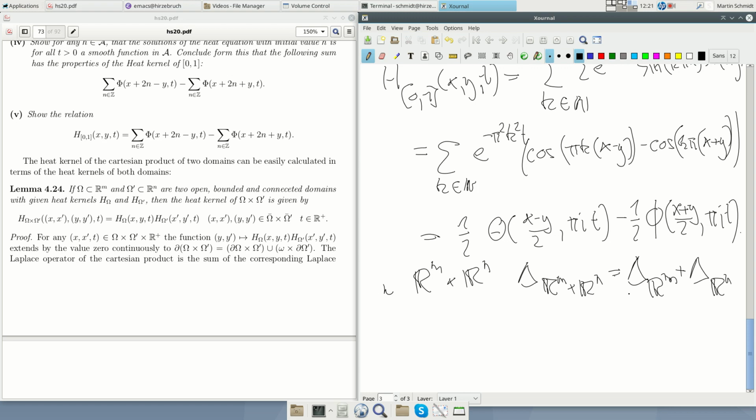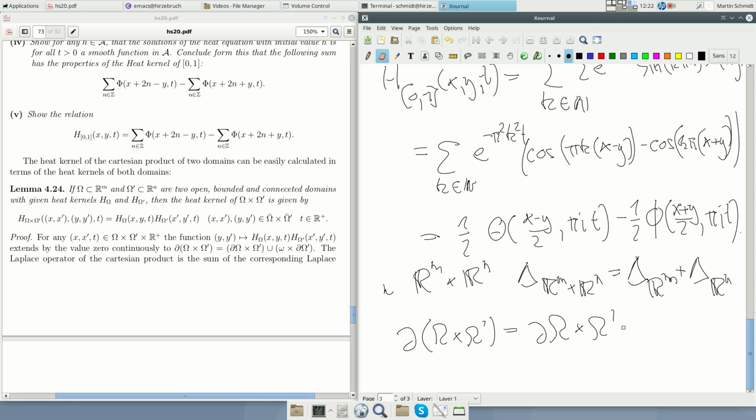This is clear, because we have to take the sum of the squares of all partial derivatives. Then we take first the partial derivatives of the first components and then the second, and this is clear. Okay, now the boundary of a Cartesian product. This is just the boundary of omega times omega prime, union omega times the boundary of omega prime.